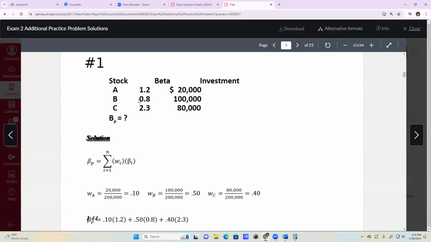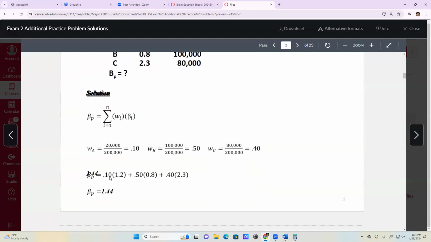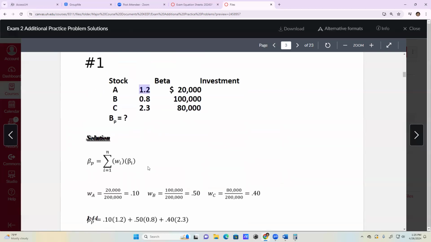However, this one is asking what is the beta of the stock A, B, C. Each of them has a different beta, so you try to see what the value of the beta will be if these three combine. This equation says you multiply each weight, which you already figured out, with the beta of each specific one.